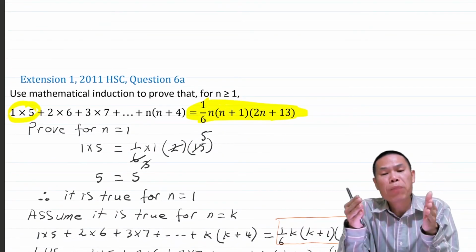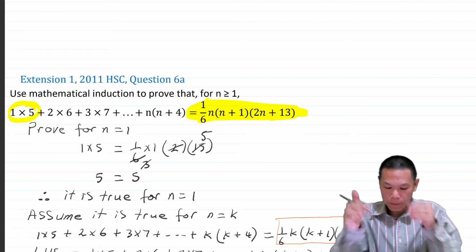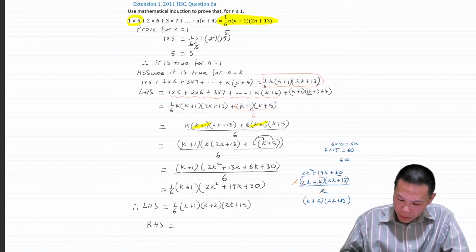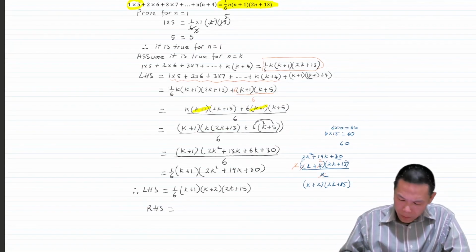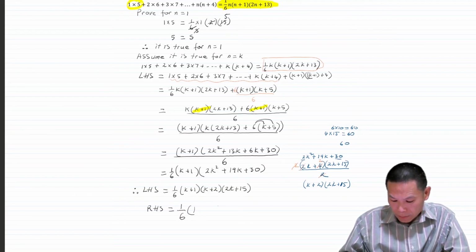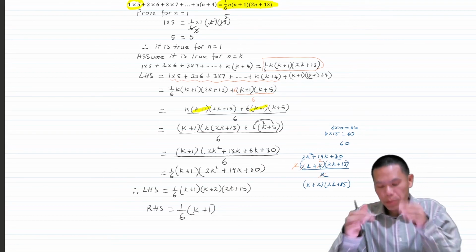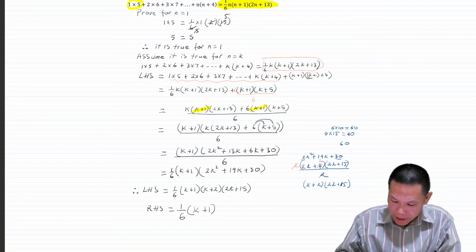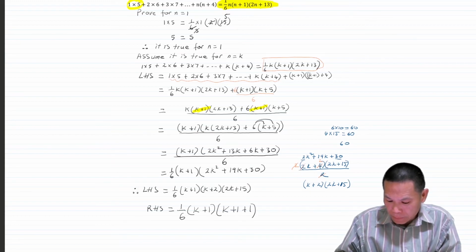So we need to replace n with k plus 1. So that is the right hand side is equal to 1 over 6, so 1/6, and k plus 1. Because n is replaced with k plus 1. Don't forget, okay? So k plus 1 add 1.